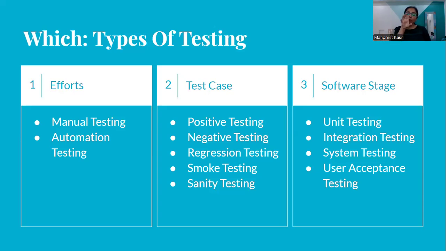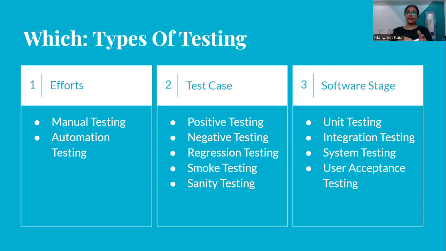So the main function of that ATM machine is to give me the money I asked for. If I entered 500 or 1,000 or 10,000, I should be getting the same amount which I entered, right? That is the main function. So smoke testing is checking the main function after something new is entering. Smoke testing is the main functionality. The happy path should be working. Got my point? Smoke testing is that.